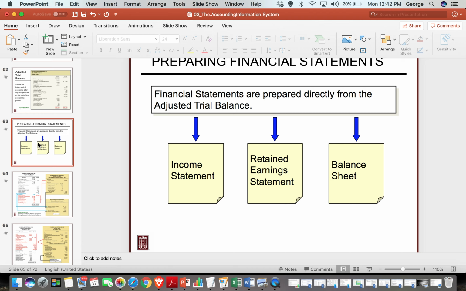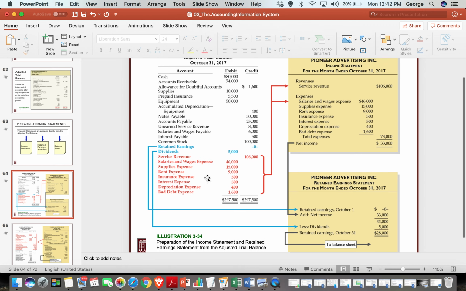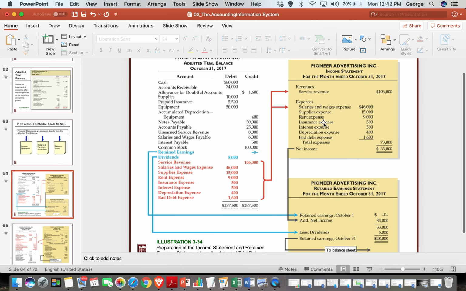All right, then we'll go ahead and prepare our financials from the trial balance. Really easy to do this using a worksheet, but notice that all of this bottom part of the adjusted trial balance becomes my income statement. So starting here with my revenues of 106, everything in red here becomes my income statement.